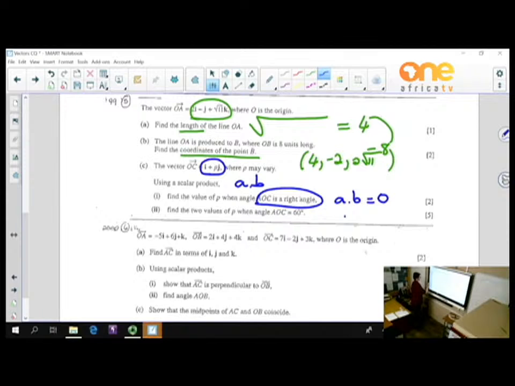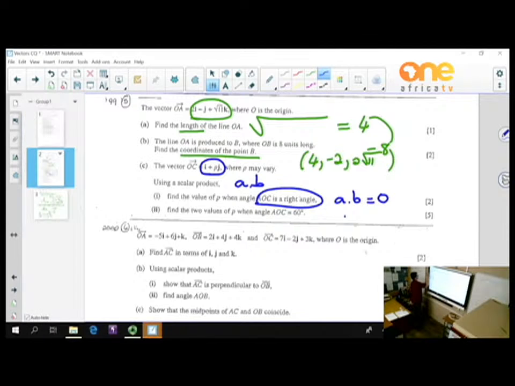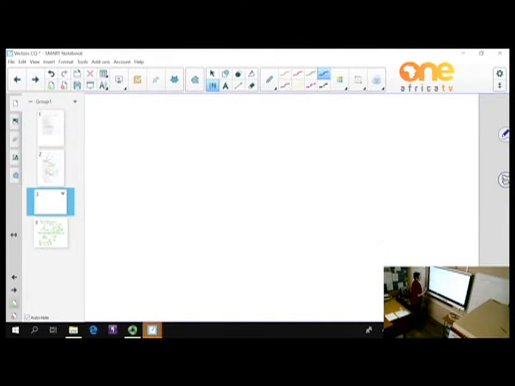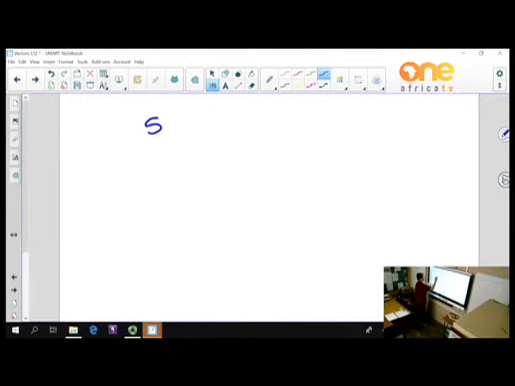So let's just add here a page. So this is now question 5. C1. Okay. And so this is then A dot B is equal to 0. This is what we want to show.